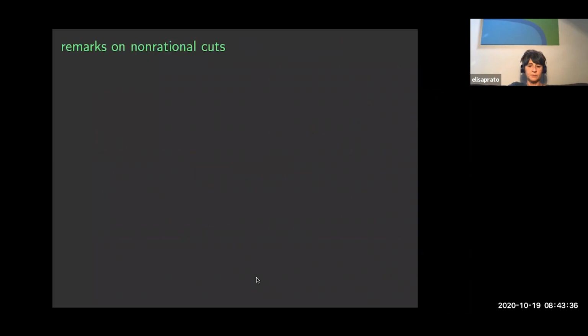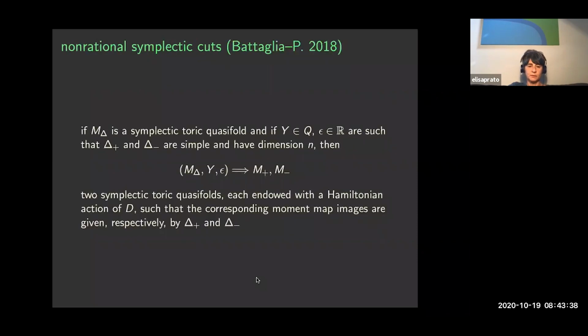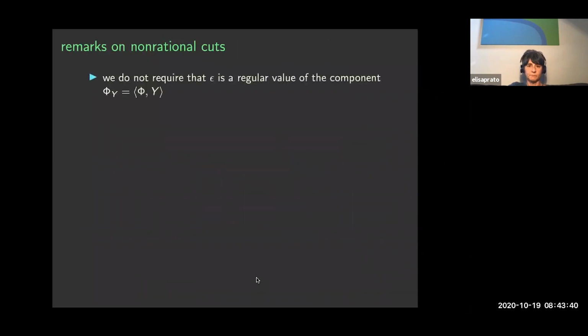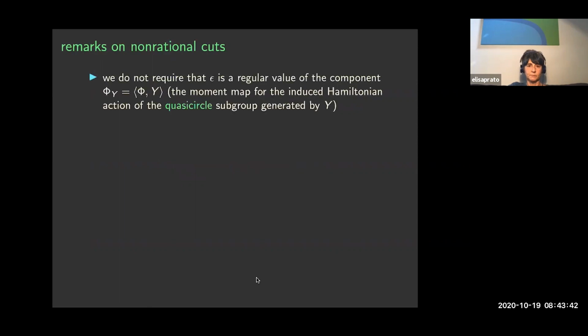So basically we were able to do the same thing, but we did not require, as Lerman did, that epsilon was a regular value. This is perhaps a little technical.